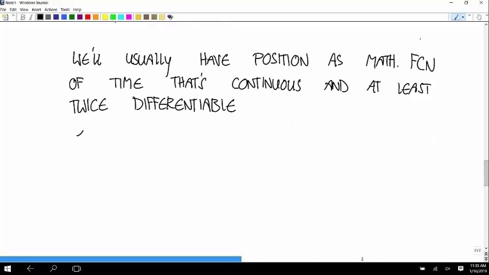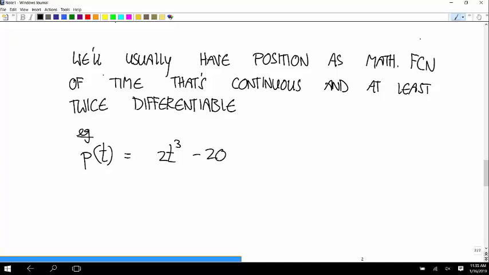So, for example, instead of being given these 1, 2, 3, 4 points and just drawing lines in between them, we'll be given something like position as a function of time is 2t cubed minus 20. Okay.